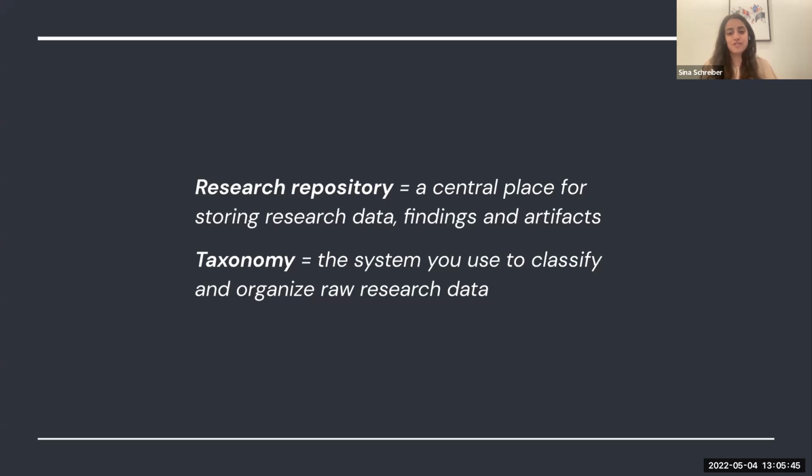This is the structure or the set of tags or codes that you use to categorize your research data that is stored in the research repository. So it's the set of tags that you use to go through interview studies or statements from participants and to prepare it for further analysis and to find it afterwards.